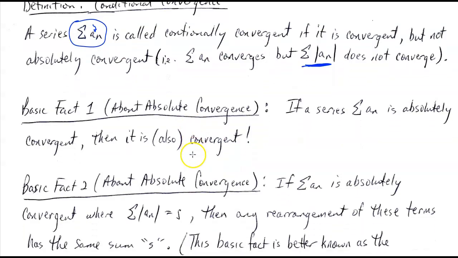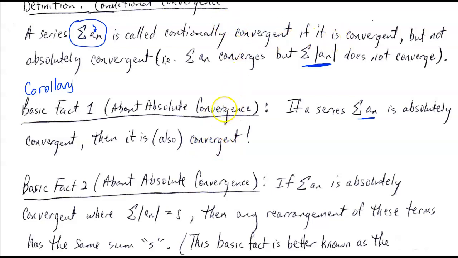So our first basic fact, if you're studying this in another textbook, may be called a corollary. That's essentially what corollary means, a basic fact. So here we know that if a series is absolutely convergent, then it is convergent also. You might ask, well, what's absolutely convergent?